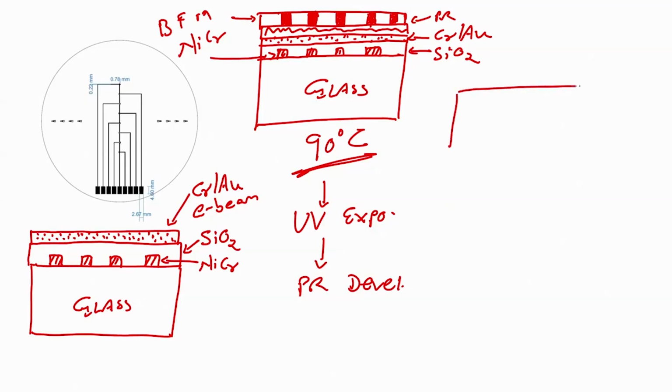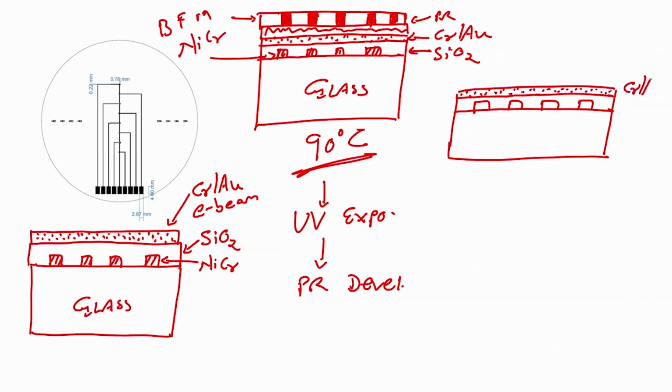So, after I perform UV exposure and PR developer, what will I have? I will have chrome gold, silicon dioxide, glass, nichrome and photoresist developed, right.